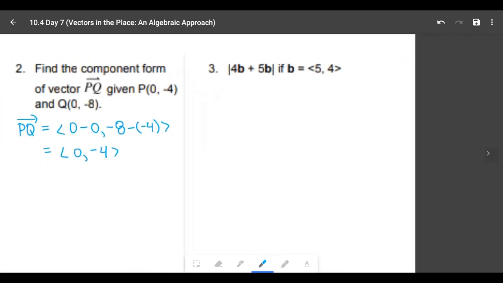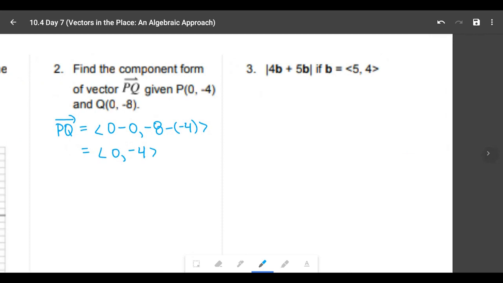Moving on to a problem like number 3, telling us to take the magnitude of 4b plus 5b if b is the vector 5, 4. So what we're going to do here is we're going to work inside out. We can simplify 4b plus 5b and say that we're really taking the magnitude of 9b. From here, we'll do scalar multiplication. 9b is going to be 9 times that b vector of 5, 4.